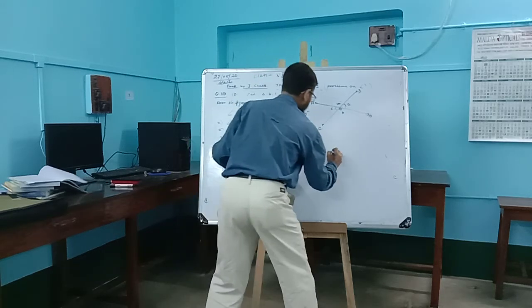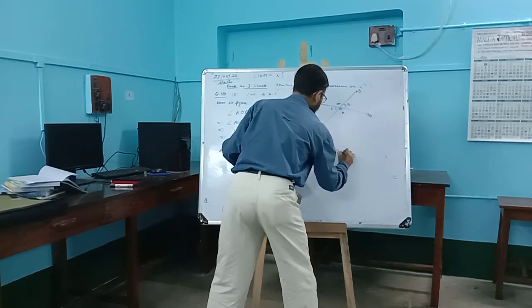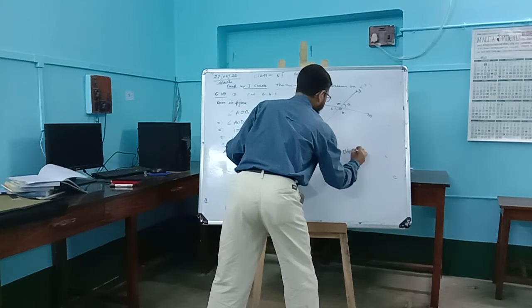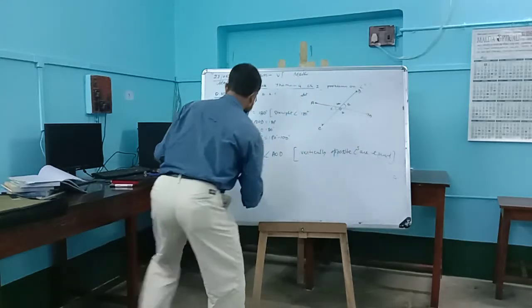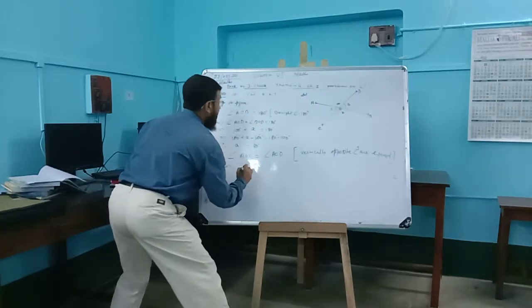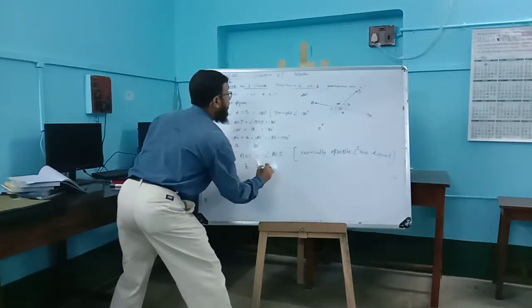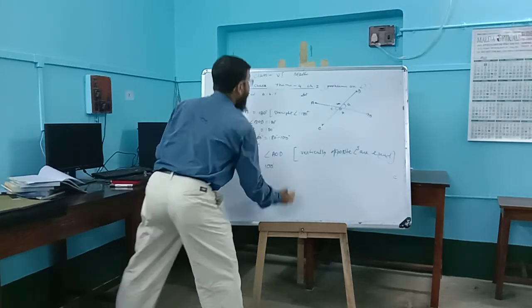Vertically opposite angles are equal. This implies B equal to 100 degrees.